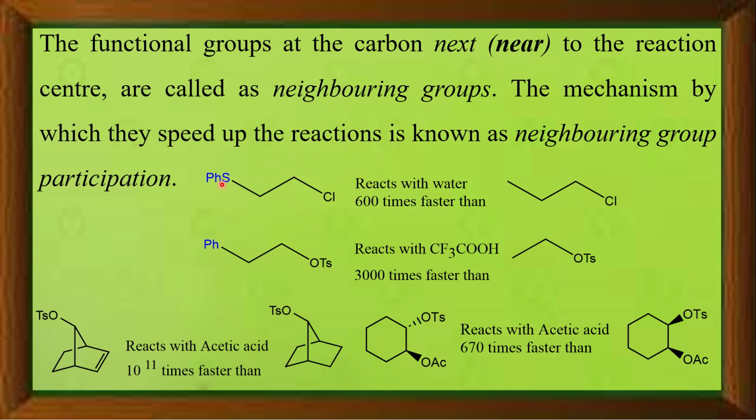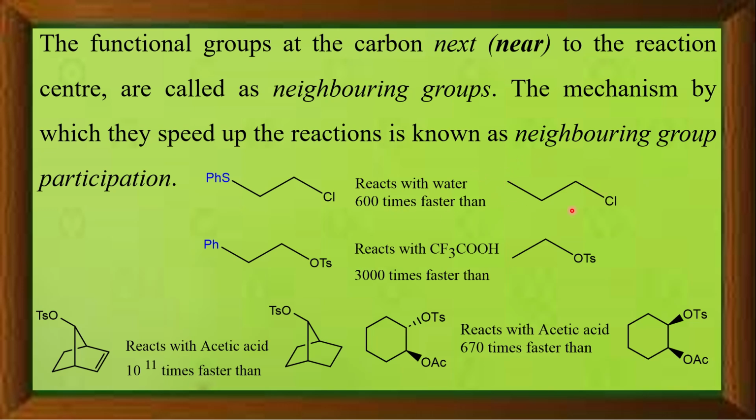In this reaction we find this is the reaction center where the nucleophilic substitution has to take place. And this is a carbon next to that. In this carbon there is a functional group, thiophenyl. This sulfur with its lone pair can behave as a neighboring group in pushing out the chlorine as chloride.